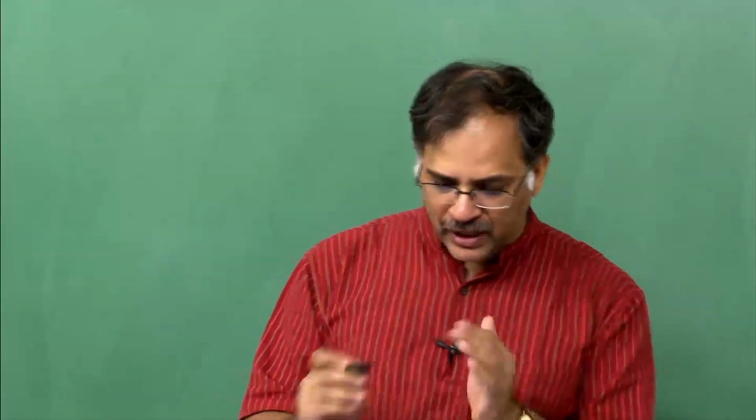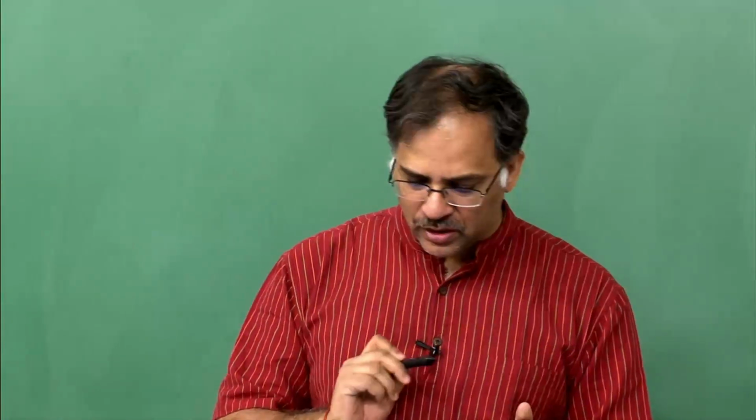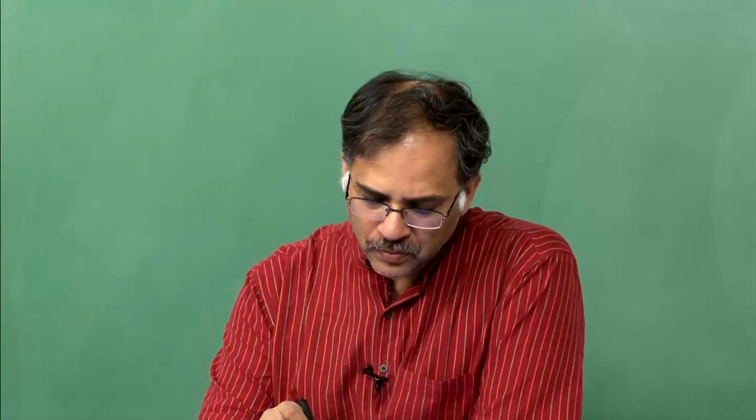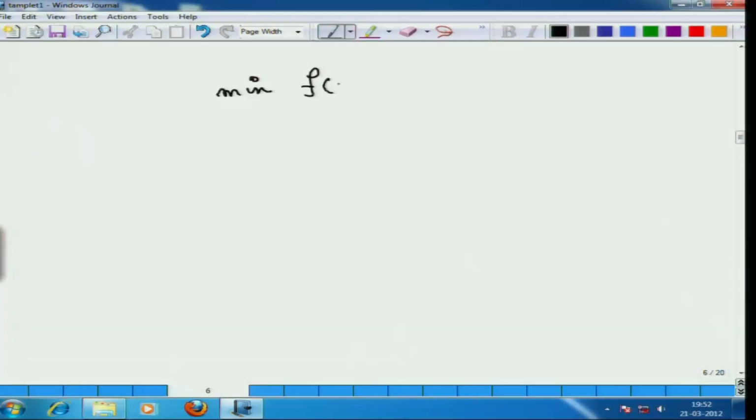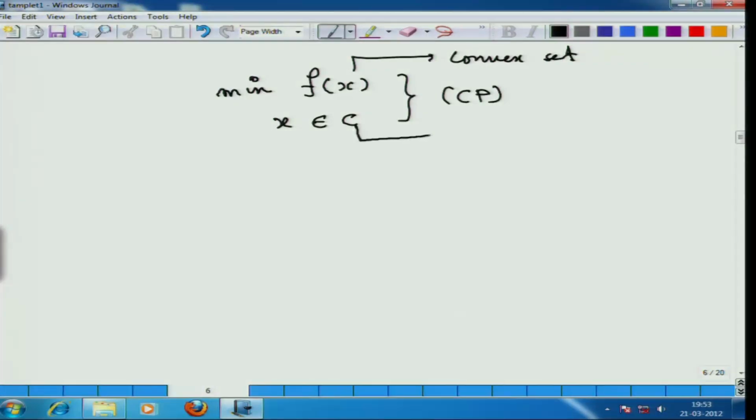So, now let me get back straight into the modeling of this problem. This problem, which we will start referring to as CP, where f is a convex function and C is a convex set, is called an abstract version of a convex optimization problem, because though f has a representation, C does not have a representation.